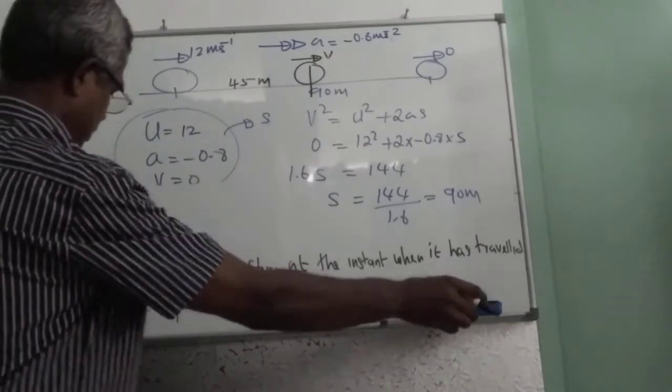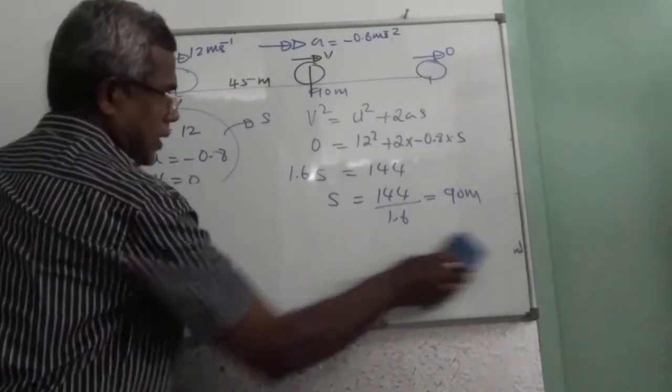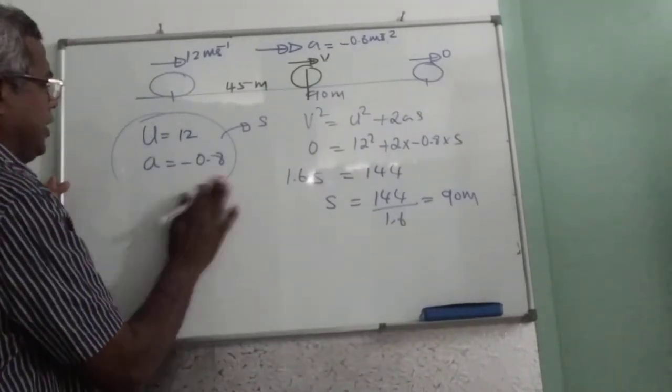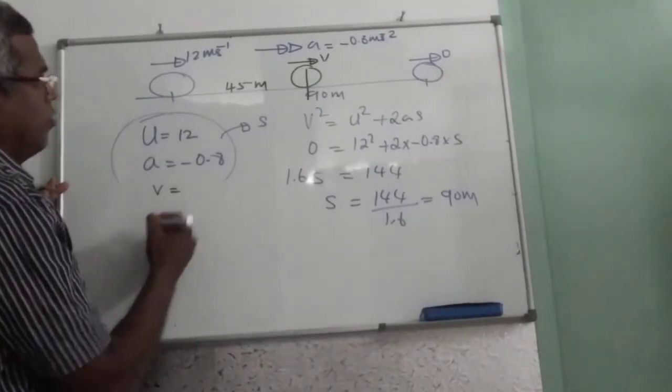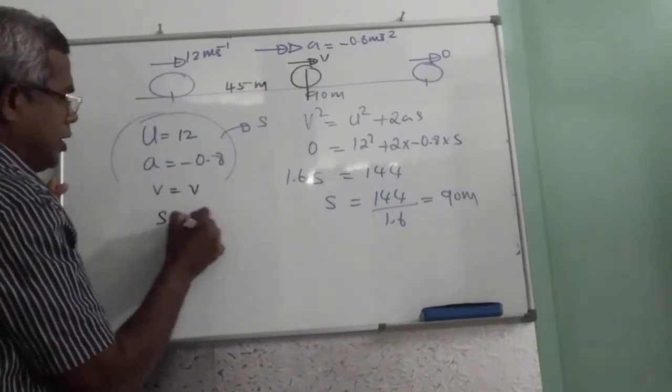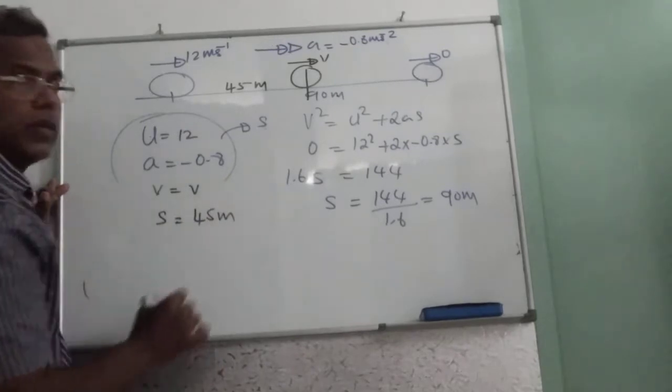So we use the same quantities: initial speed, acceleration, and the final speed is v, and the displacement is 45 meters.